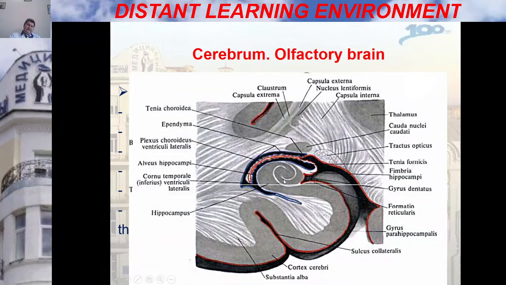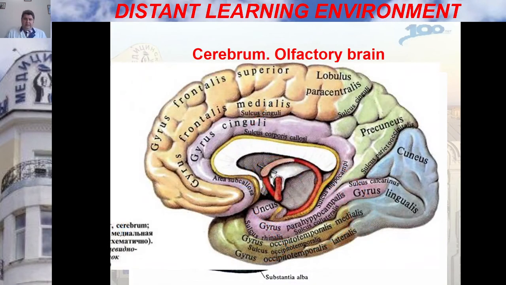And you may see that it forms the lateral border or lateral wall of cornu inferior of lateral ventricle. This is cavity of end brain. So you may see the central part of rhinencephalon in violet color here, and I told you about this part.